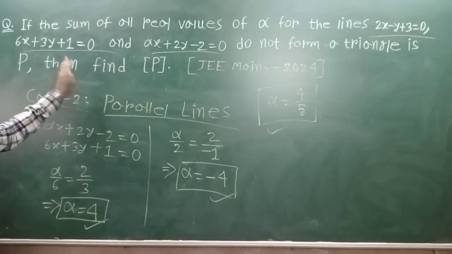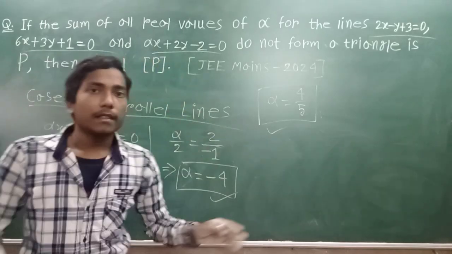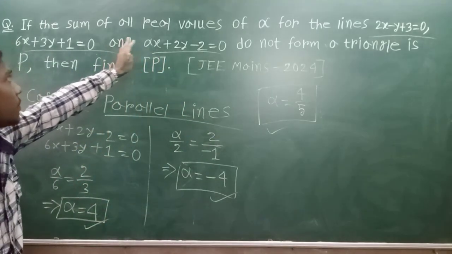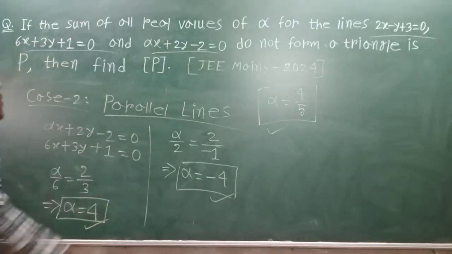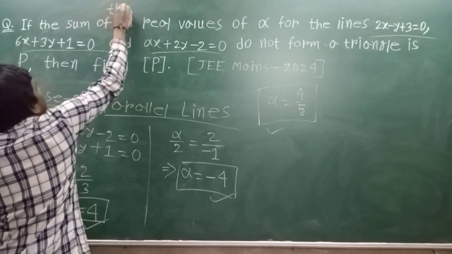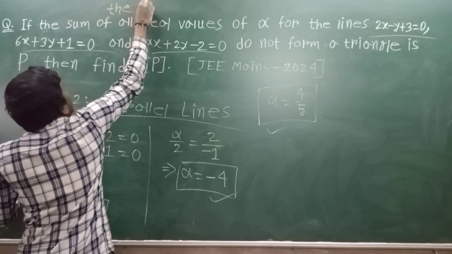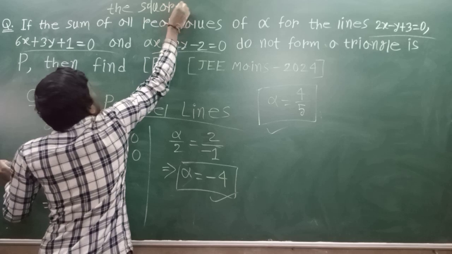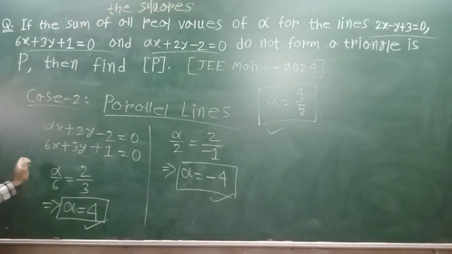Now P is the sum of all the possible sum of all the real values of alpha. Sorry, it's the sum of the squares. Actually, I have written the question wrong. Sum of the squares. Okay, students, the actual question was this.